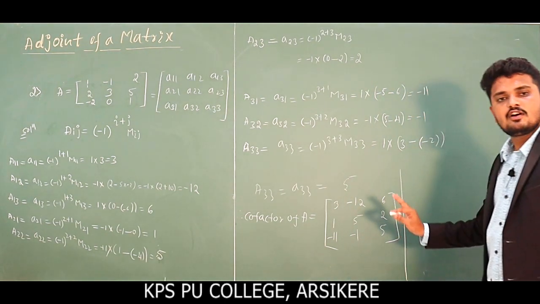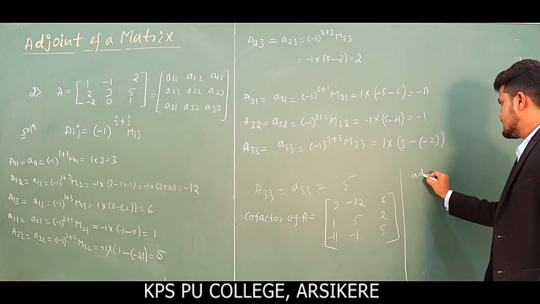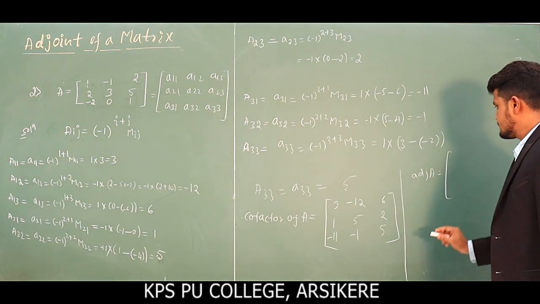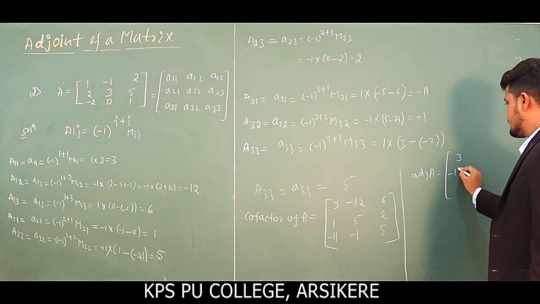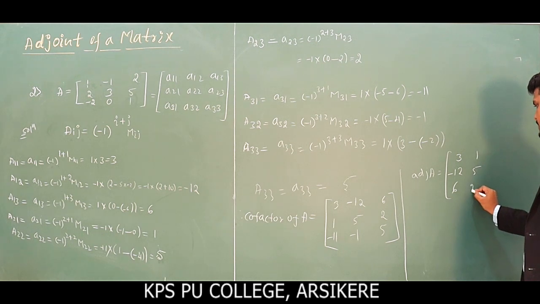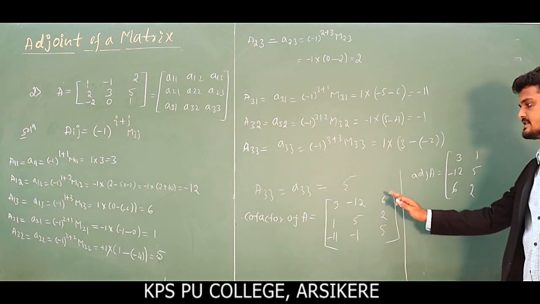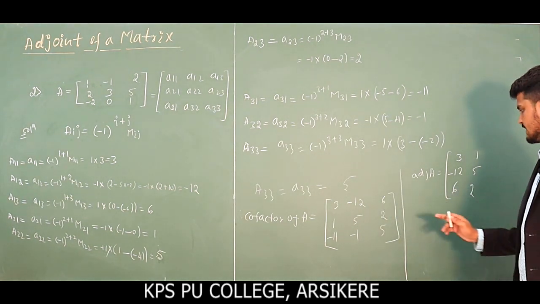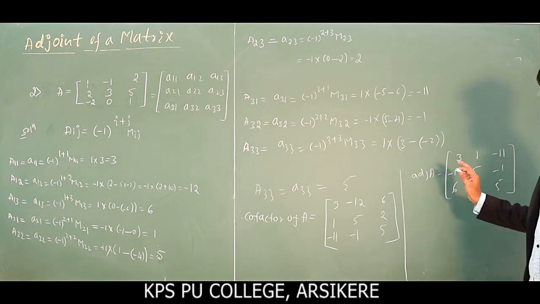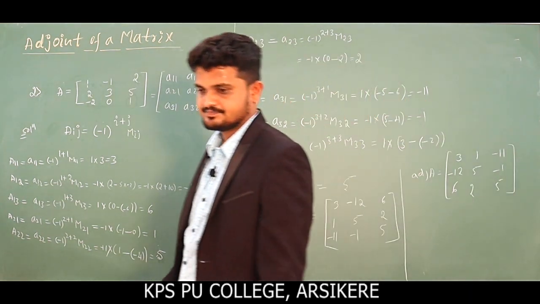Then what is the value of adjoint a? So adjoint a is nothing but transpose of the cofactor, so transpose is nothing but interchanging rows into column, okay, so 1 5 2 minus 11 minus 1 5, this is the value of adjoint a.